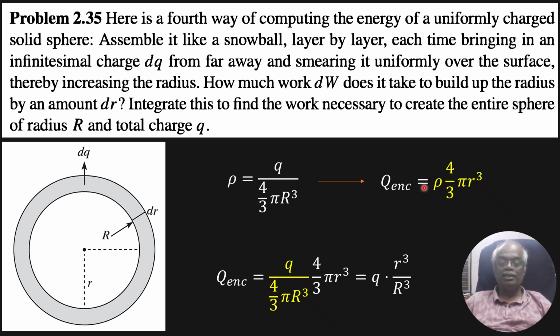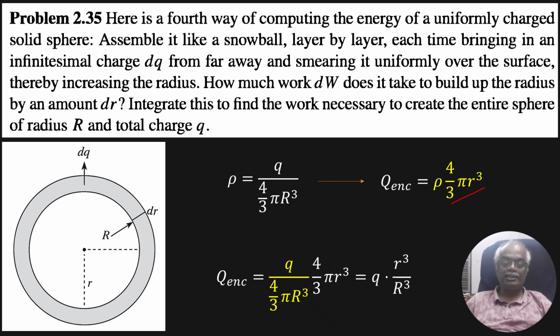The volume enclosed by the small radius r is 4/3 pi r cubed. If you multiply this by the volume charge density, you will get the enclosed charge. You replace rho by Q over 4/3 pi R cubed, and this you keep as it is, 4/3 pi r cubed.